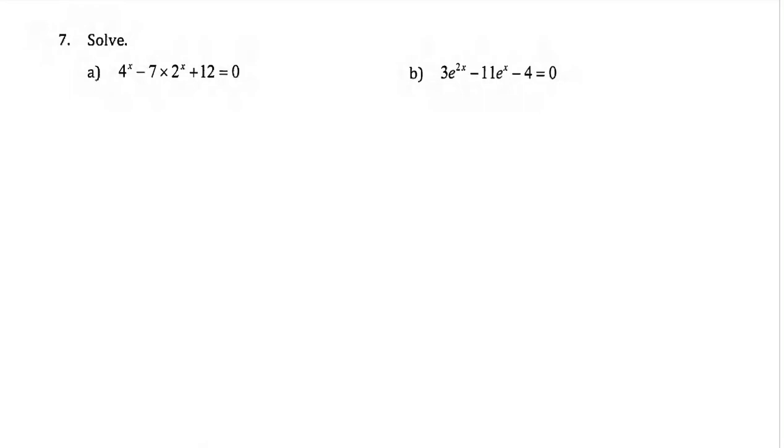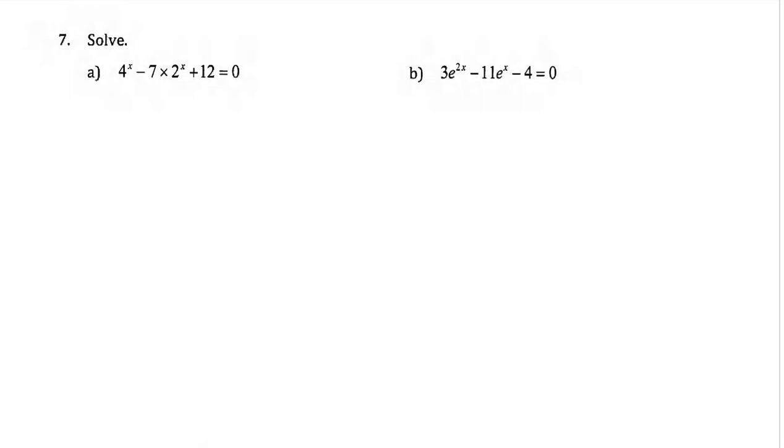Question 7. Solve 4 to the x minus 7 times 2 to the x plus 12 equals 0. Would you believe me if I told you that that's a quadratic? It is a quadratic, where the 2 to the x is what would normally be my x.